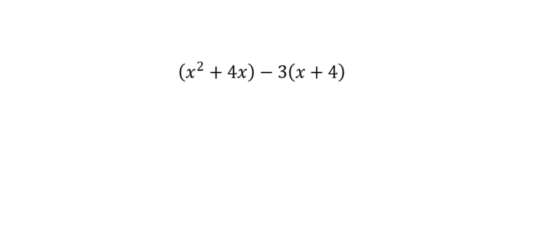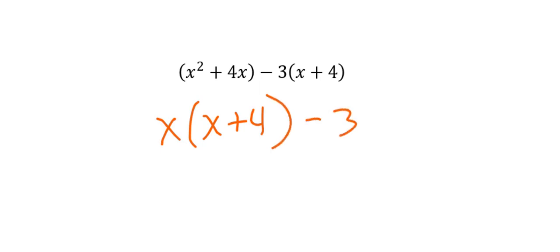So think of it as someone already starting a problem and left it here. But since you're the master here at solving these polynomials, you're going to finish it for them. So let's pull out an x, and we're left with x plus 4. And here, again, I'm just going to rewrite it so you can clearly see what we have left. Hey, look at that.